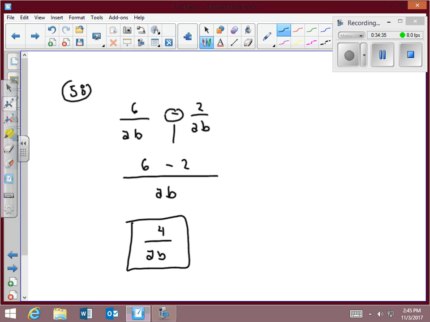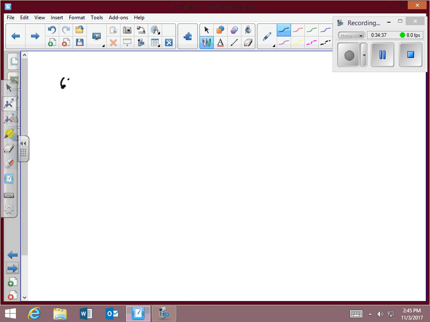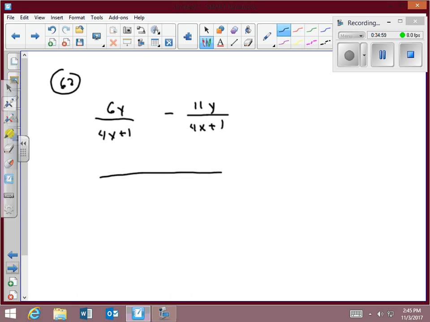Now look at 62. It says 6y over 4y plus 1 minus 11y over 4y plus 1. Now when the denominators are the same, you simply draw a long line, put the single common denominator underneath.